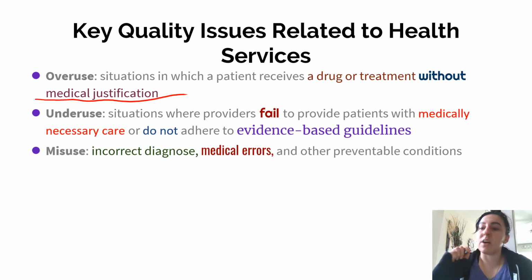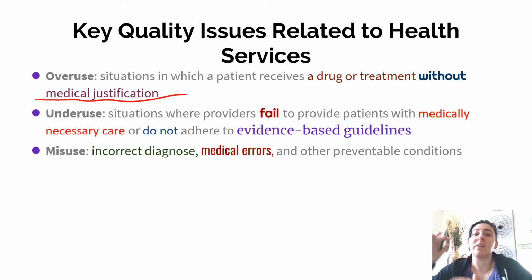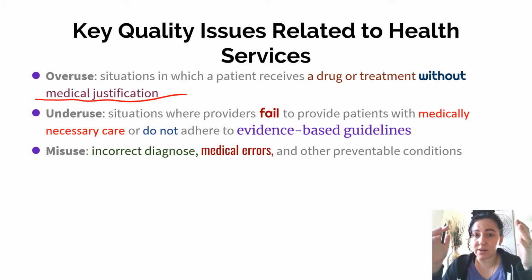Okay, then we have underuse. Underuse is when you're not complying with evidence-based guidelines. You fail to provide the patients with the medically necessary care that they're supposed to get with their diagnosis. So you're giving them less than what they should have, like less treatments.